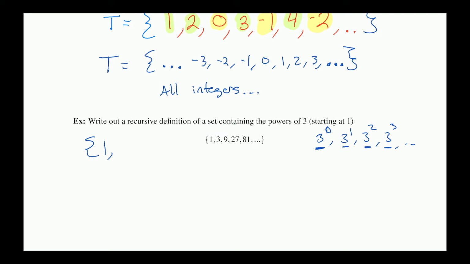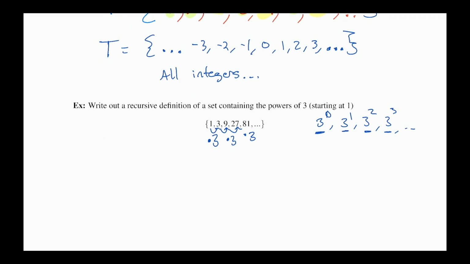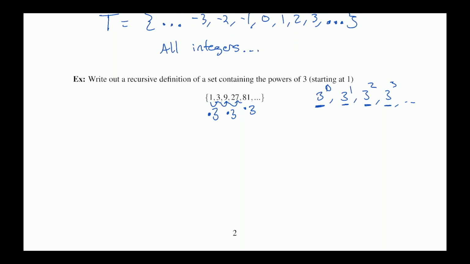So what you want to think about instead is for powers of 3, the rule is that you're multiplying, right? To get from 1 to 3, you multiply by 3. To get from 3 to 9, you multiply by 3. To get from 9 to 27, you multiply by 3. Do you see that? You come up with that idea that if you know one thing in the list, you get the next thing by multiplying by 3.